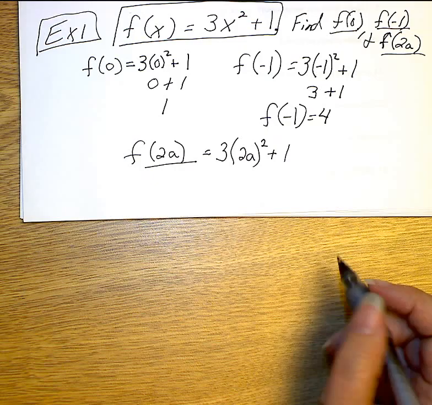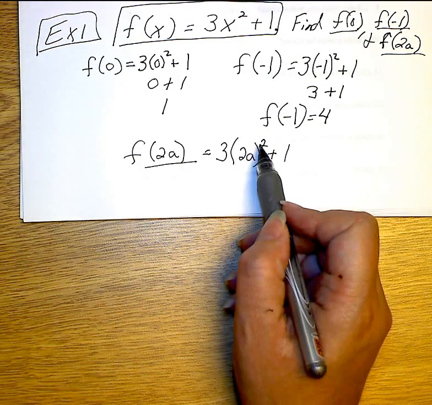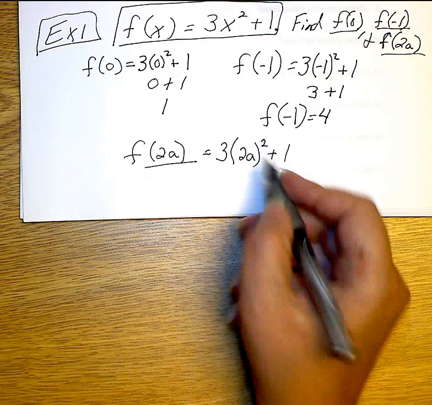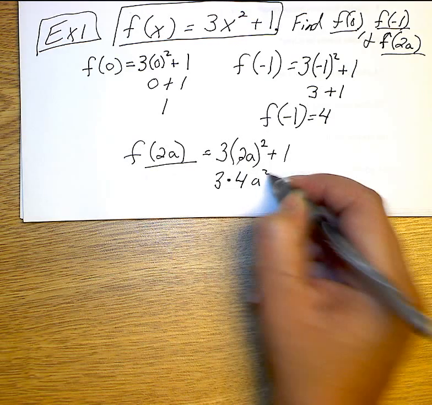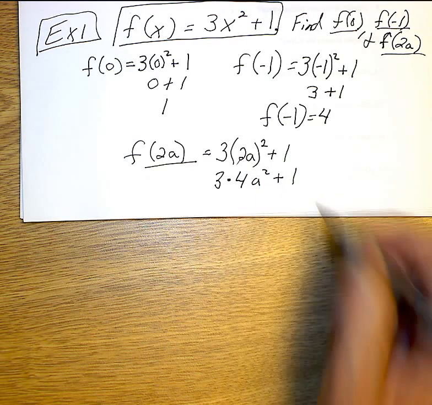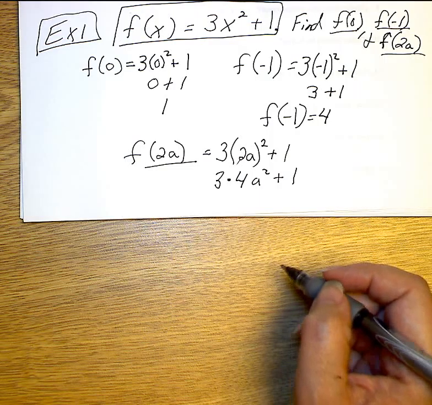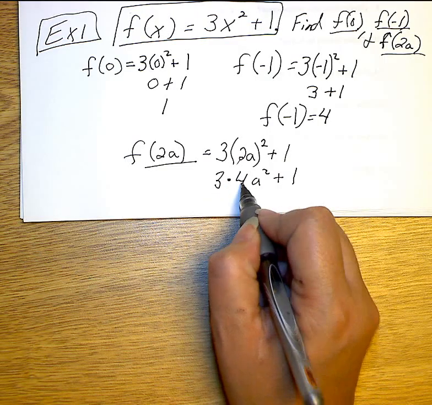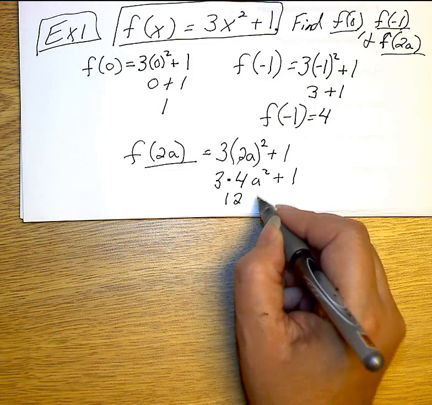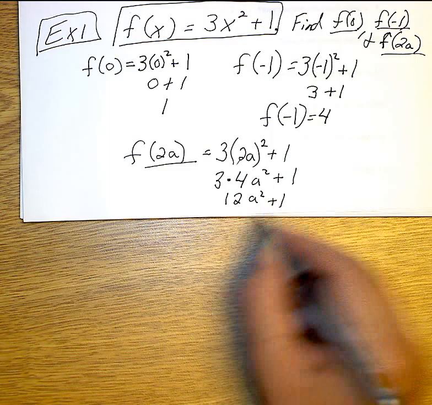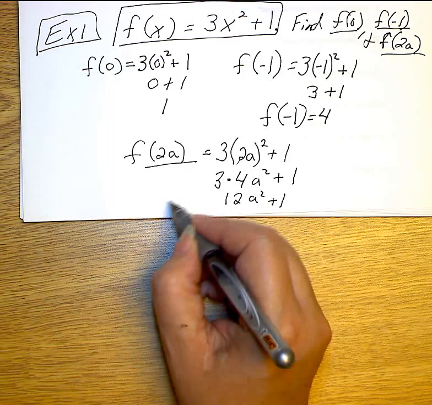So we have here 2 squared is 4. So I'm bringing down that 3. I have 3 times 4a squared plus 1. Three times 4 is 12a squared plus 1. Because this has an a squared, this is not a like term. So that's our final answer.